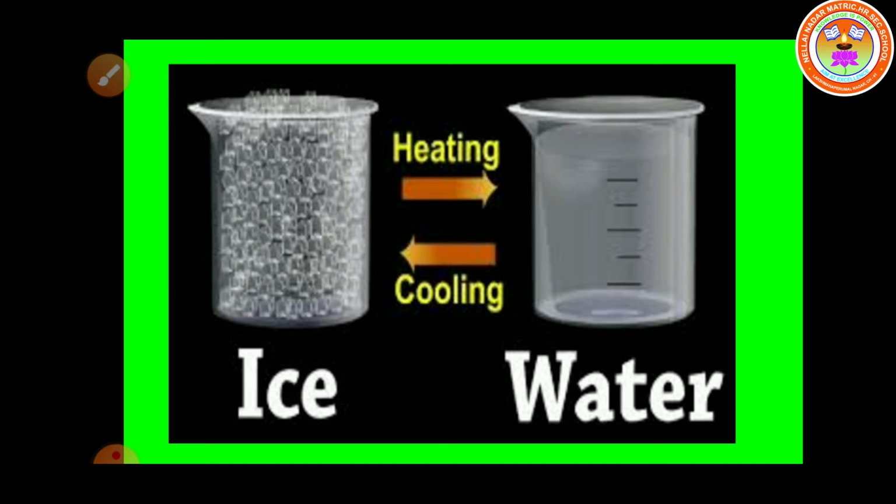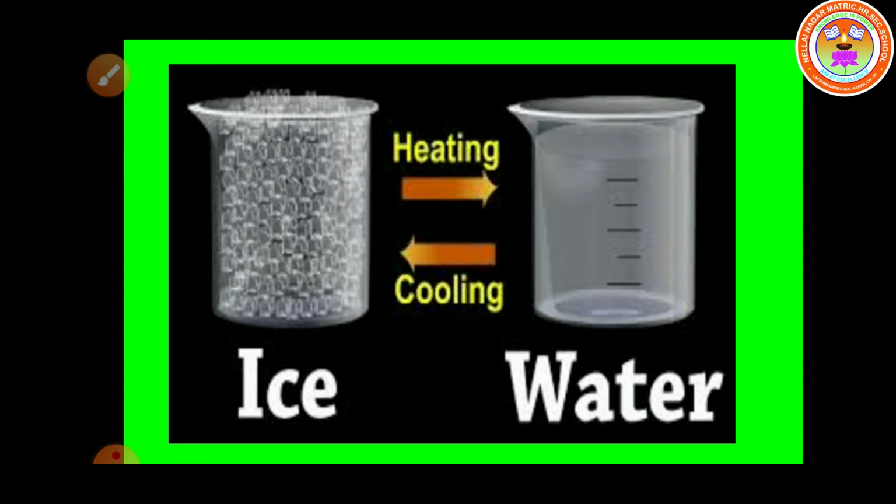Let us see some examples for reversible change. First example: when we heat ice, it changes into water. In the same water, when we cool, it turns into ice.